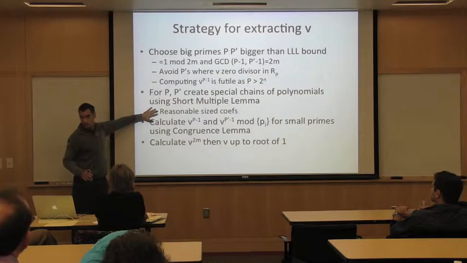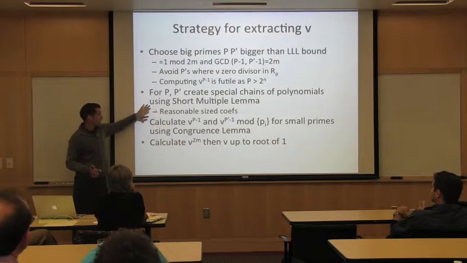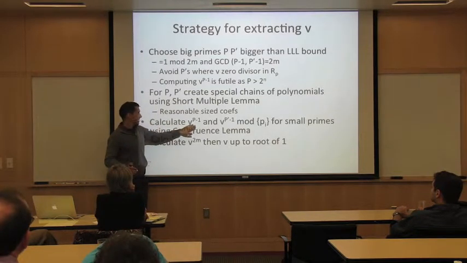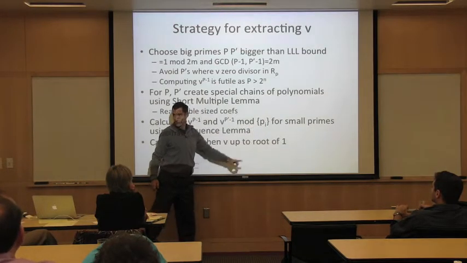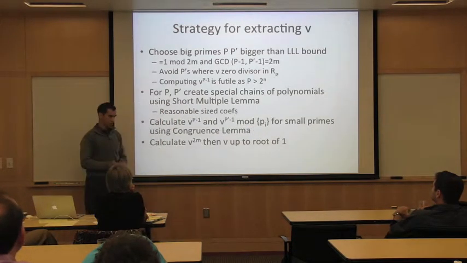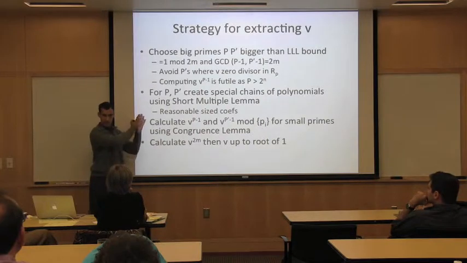Everything will have reasonable size so you can write down everything, and everywhere you need to divide out, you can actually divide out. That will give you v to the p minus 1 modulo some other small primes. Then by using the Euclidean algorithm in the exponent, you can get v to the 2m, and then you can get v.